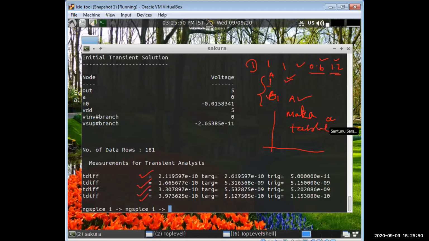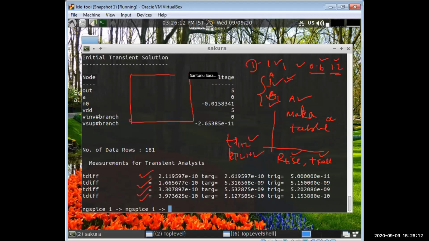In the first, second and third conditions, what are the TPHL, TPLH, T rise and T fall. So these four things you can measure in 3 cases, case 1, case 2, case 3, and make a table.